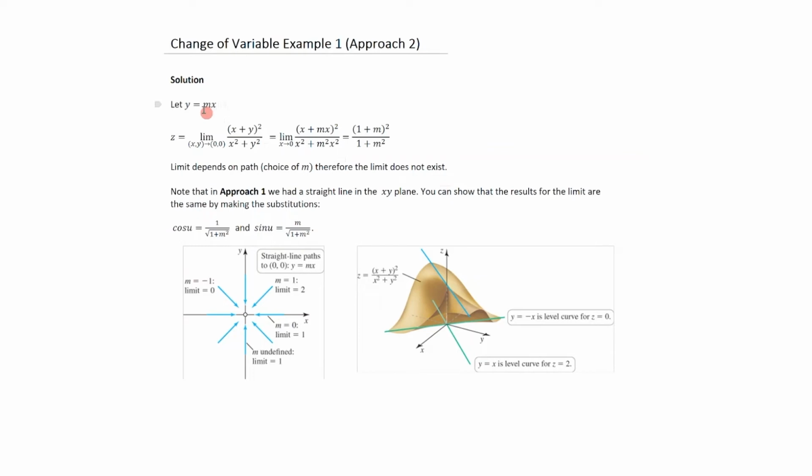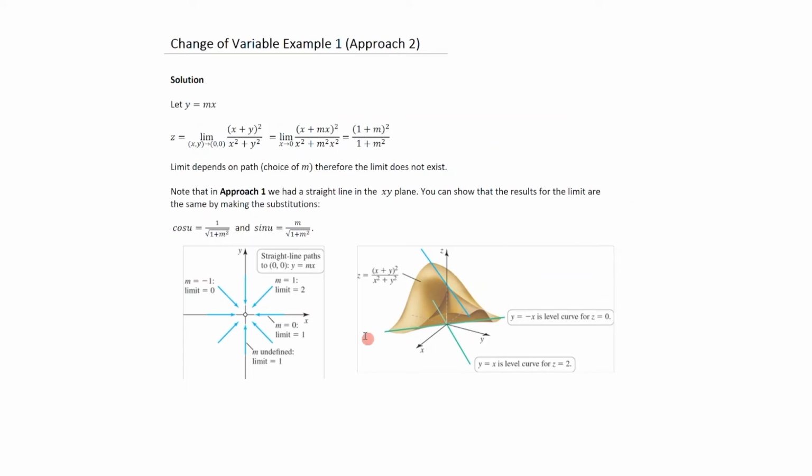You change the value of m, and then you'll change the value of the slope of the line in the xy plane. So we just make the substitution for y, which is here. And then after some simplification, we end up with (1 plus m) squared divided by 1 plus m squared. Clearly, if you choose different values of m, the limit will be different, and therefore the limit does not exist.